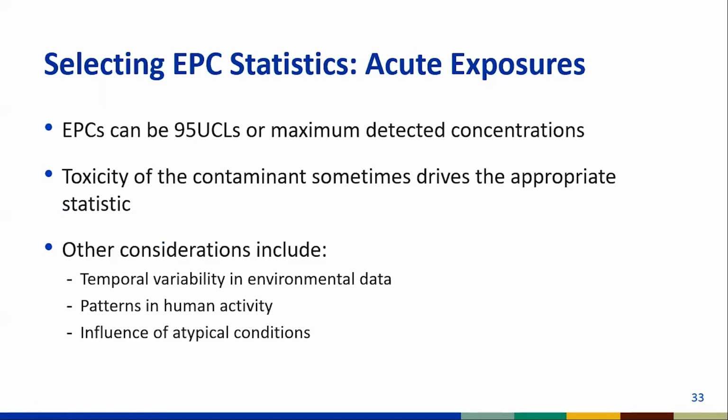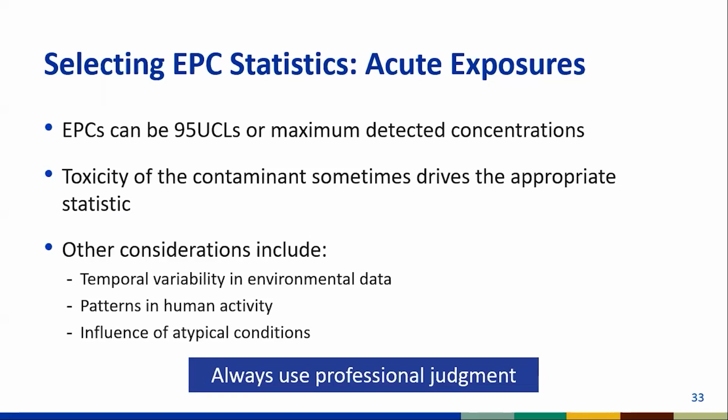And while toxicity can be an important factor when determining the EPC statistic, there are several other considerations. These include temporal variability in the environmental data, patterns in human activity, and the influence of atypical conditions, such as reporting errors and false positive detections of common laboratory contaminants, such as methylene chloride.